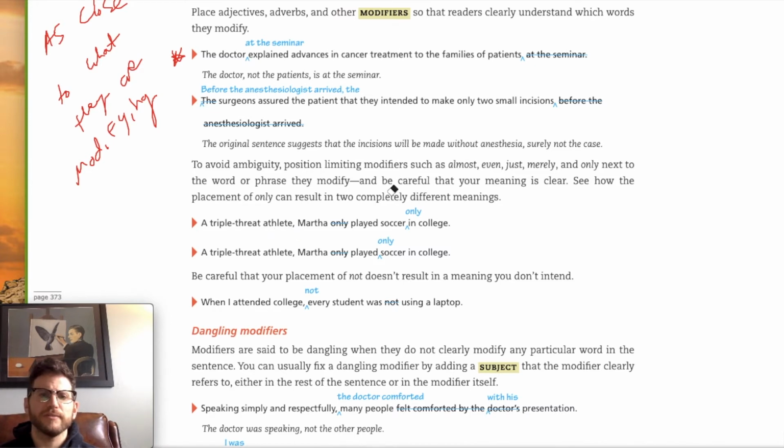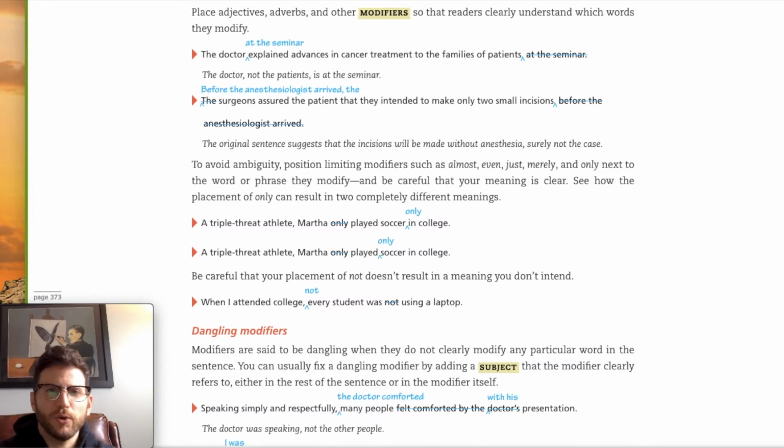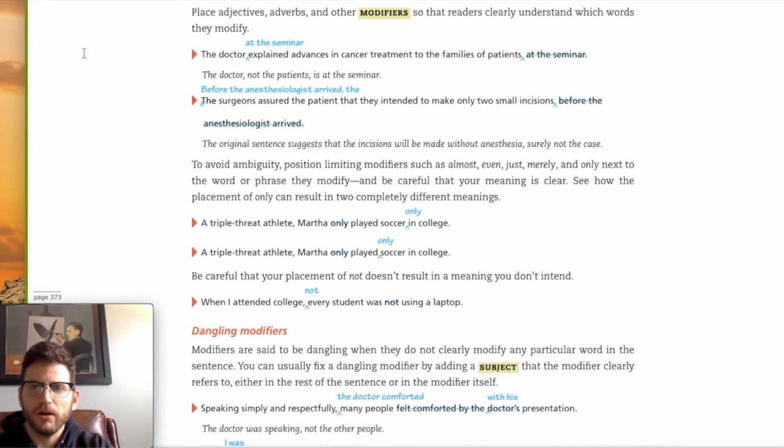Let's talk about, there isn't really an example here. I wish there were an example here of a participial phrase being in the wrong place. Maybe I'll write you one, because there should be one here. Okay, so let's imagine this is our, I'll put it over here. So this will be an example of a participial phrase in the wrong place.